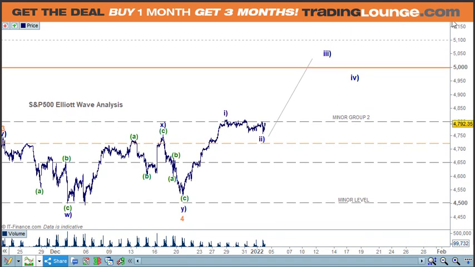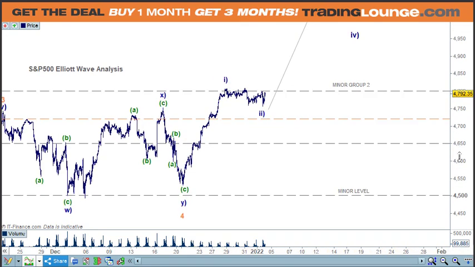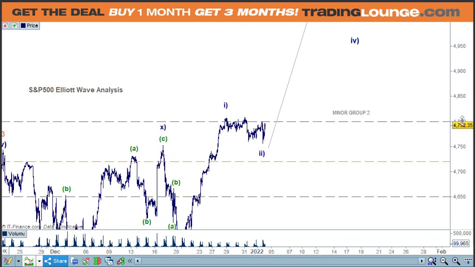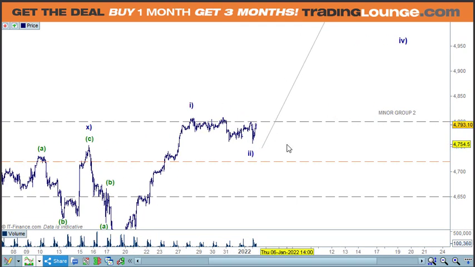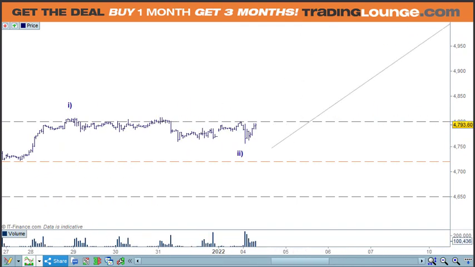So first of all, to get this count correct, we need to make a move above the 4 here. All we need to do is look for the first little high above the level, and then there will be some little pullback, and that pullback will give you the opportunity to move in on the market.